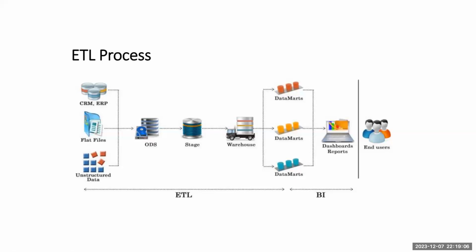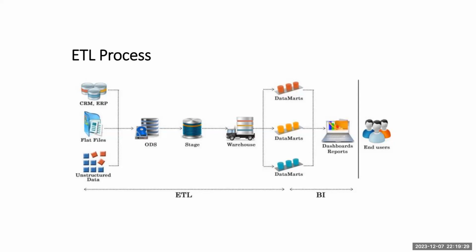When we load the data from the source to the stage, it will be one-to-one mapping. Suppose your source has 100 records for one table, the same records you will pull to the stage. Whatever data is in the source, as it is, we pull to the staging area.